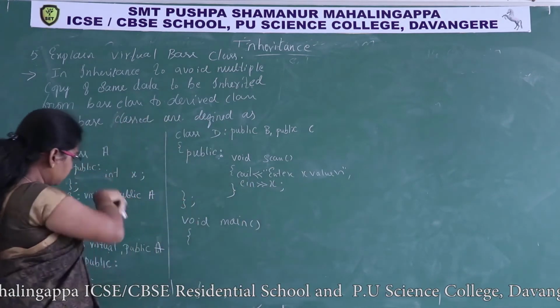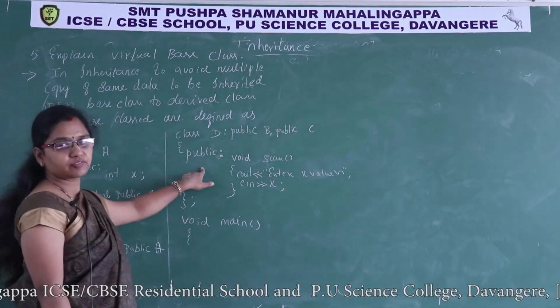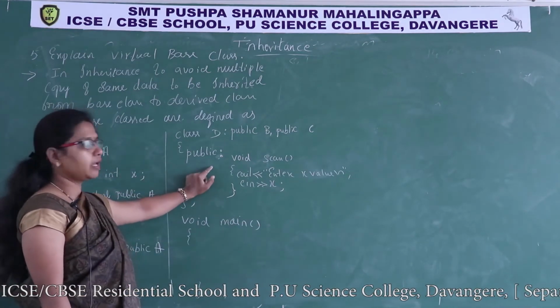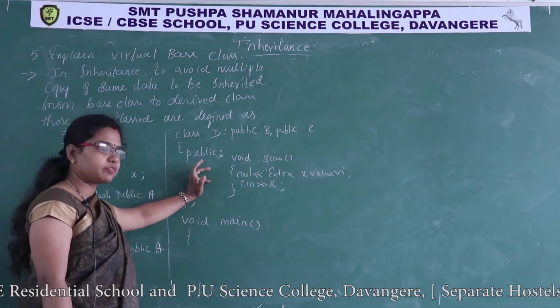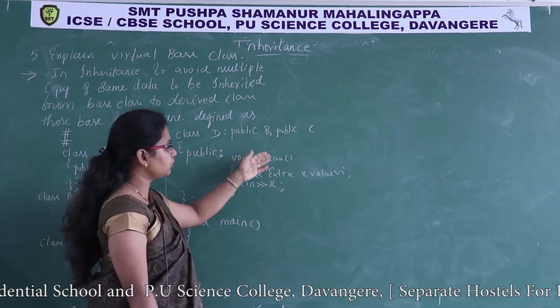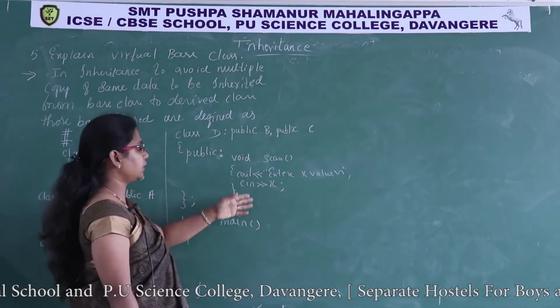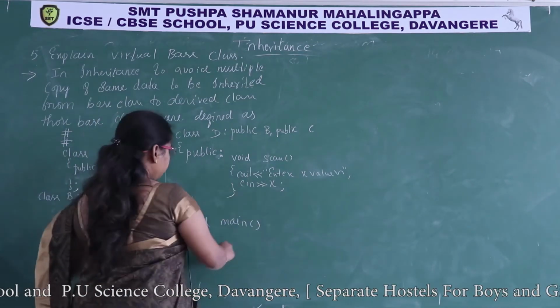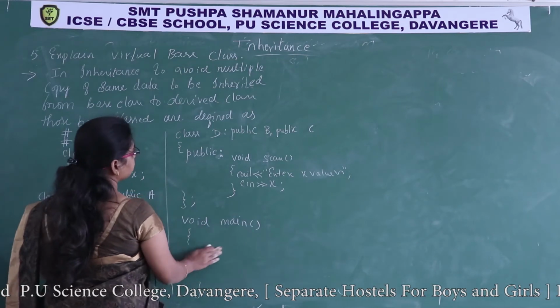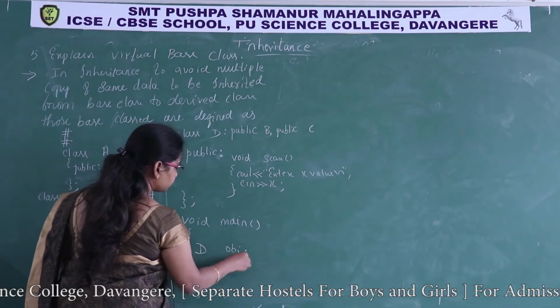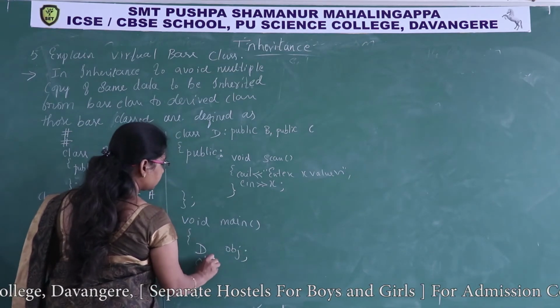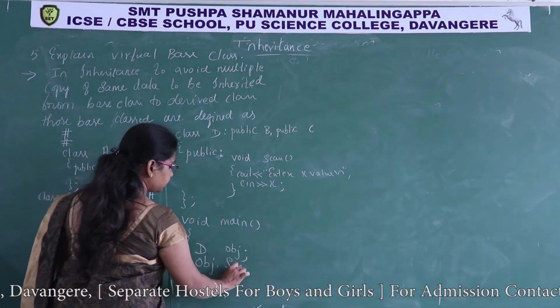See, this x goes to the public section of the derived class. Now a public member can be accessed through either a member function or a non-member function. So this is a member function. Using this member function I read data for x. From the main function I will call d obj dot scan.